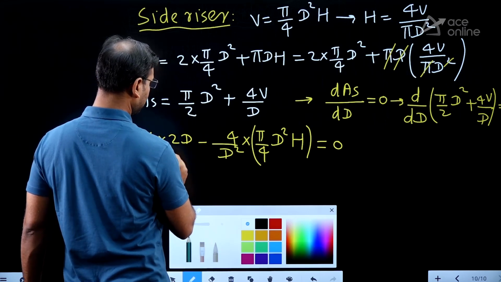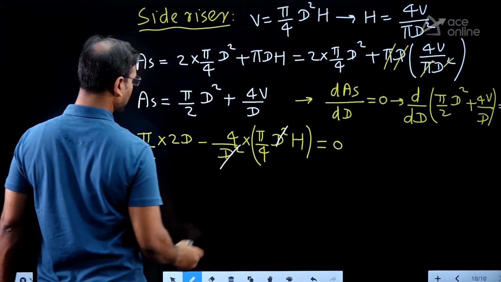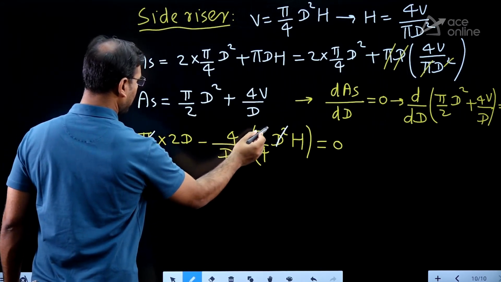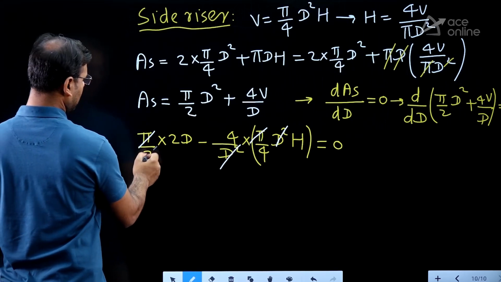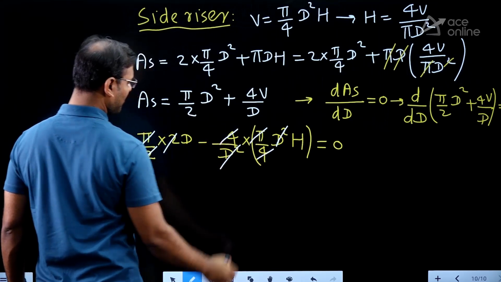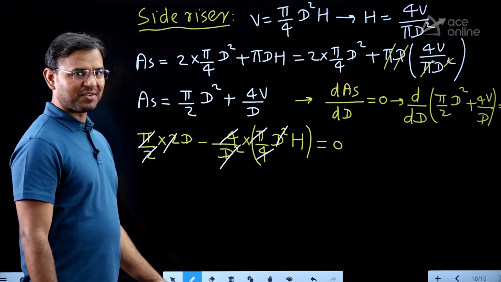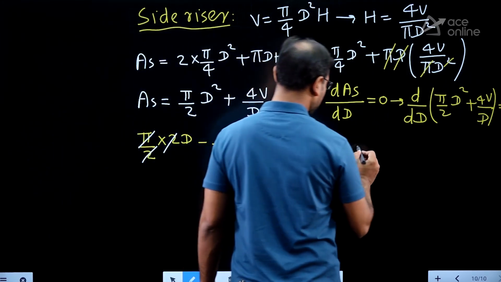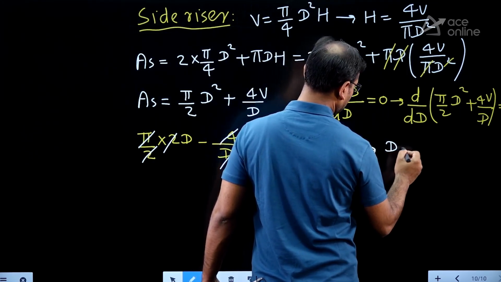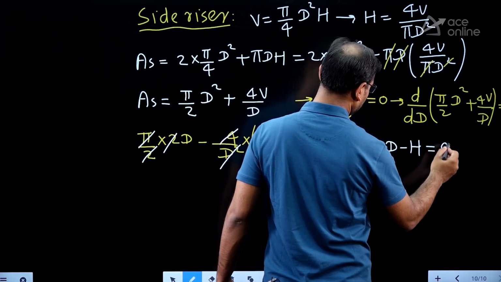You see how many terms cancel here? This D square cancels, this pi cancels, this 2 cancels, this 4 cancels, then you can see D minus H is equal to 0.